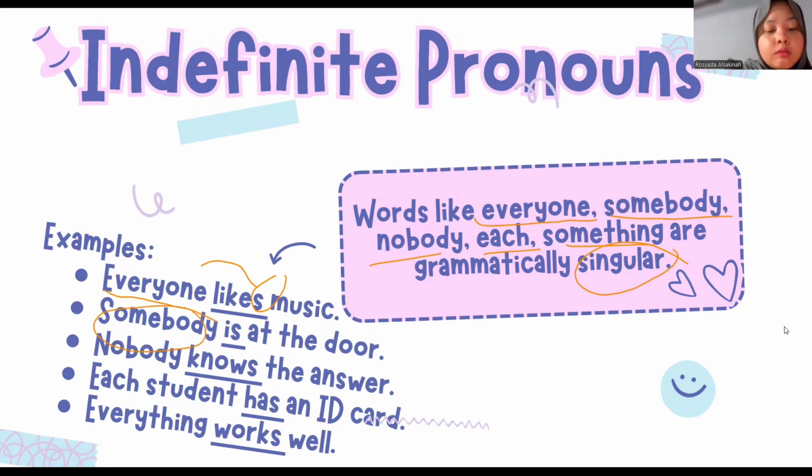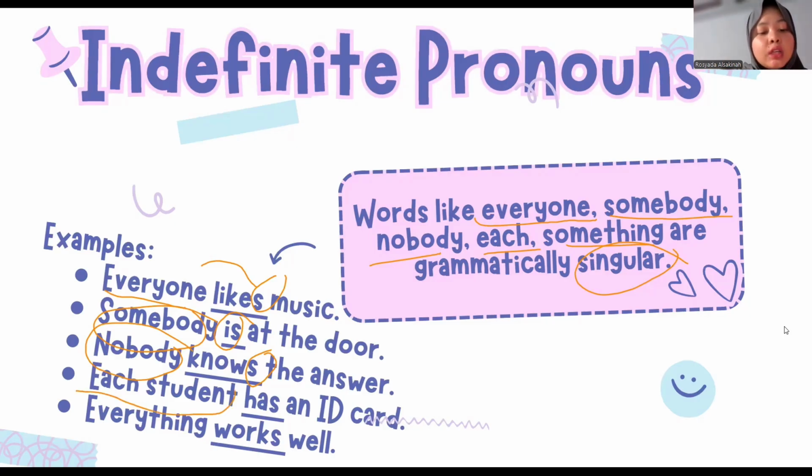Somebody is at the door. Somebody is singular, so we use "is" in the sentence. Nobody knows. Nobody is singular, so we add an s at the end of the verb. Each student has an ID card.